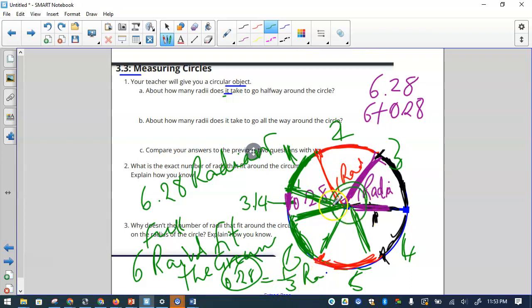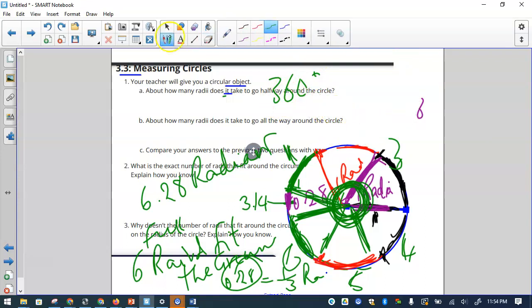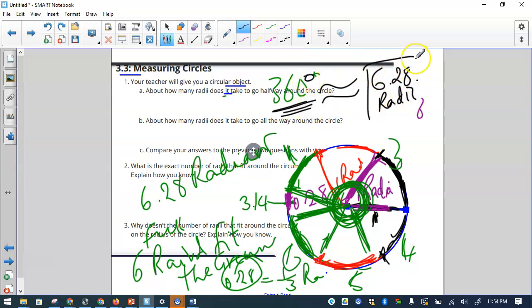So the whole round is actually 360 degrees. And when you go all around this 360 degrees, you're using 6.28 radii. So for 360 degrees, we are going to use something called 6.28 radians.